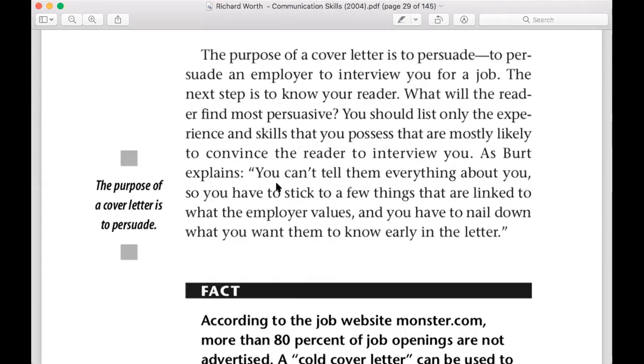So the purpose of your cover letter is, of course, to persuade your employer to shortlist you, to call for an interview, or to take you to the next step of getting a job, right? So what you should do is you should list your experience, skills that you possess, and focus on the skills that are needed for that particular job.